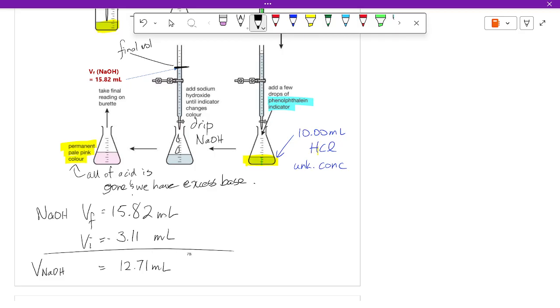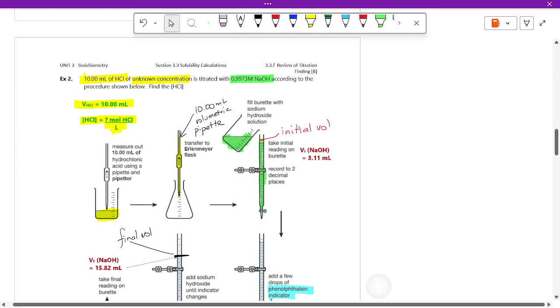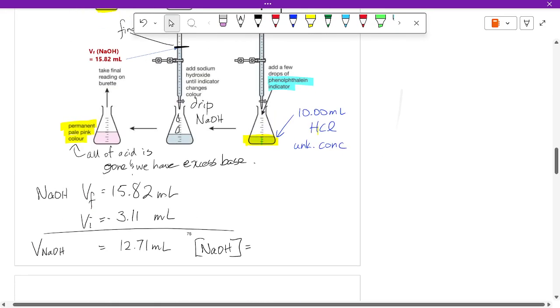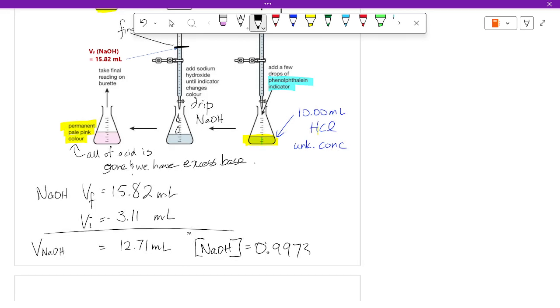We know that the concentration of the NaOH is 0.9973, because we're told that in the question. We also know that we had 10 milliliters of the HCl, right?